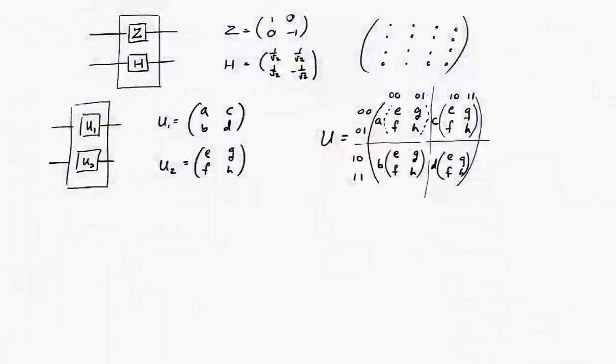So now, okay, it makes sense at some level, but why does it work? Well, let's try to understand. If we were looking at what U1 does to 0, so what happens to the first qubit if the input is 0? Well, you get A0 plus B1. And now let's look at what U2 does to 0.